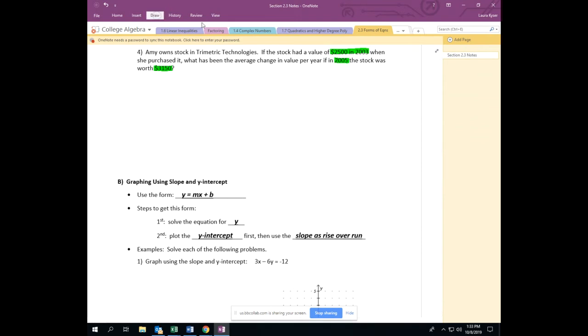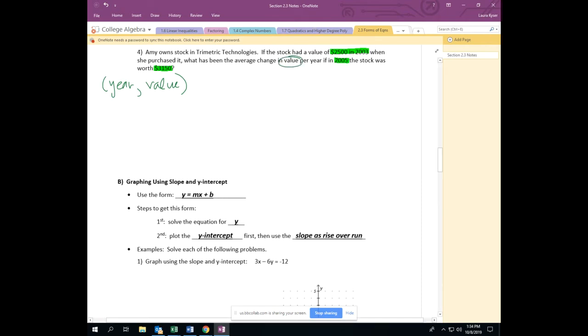When we set up these ordered pairs with this information, we're going to use year, comma, value. The change is happening in value.